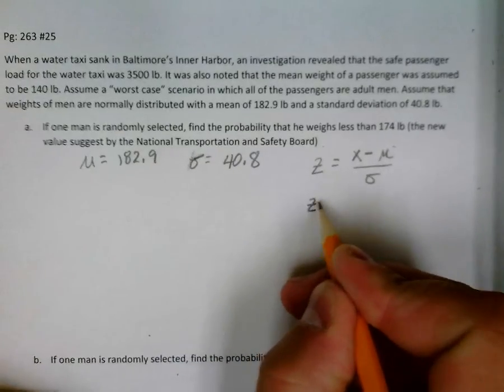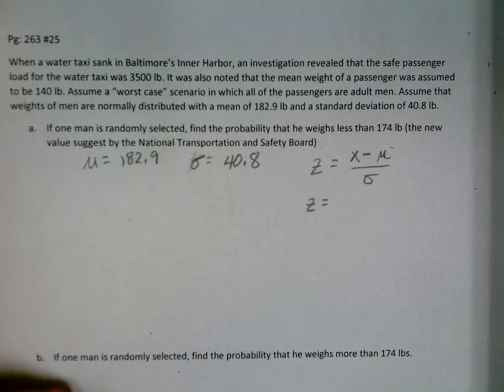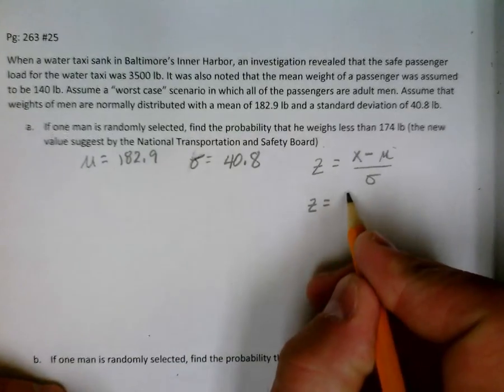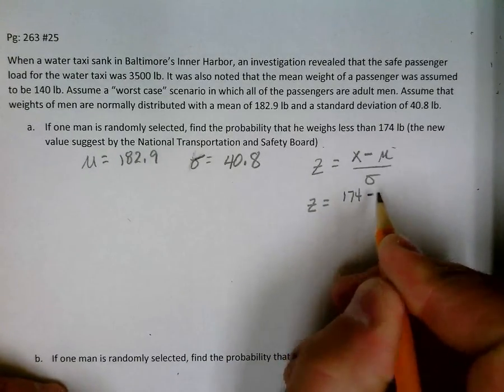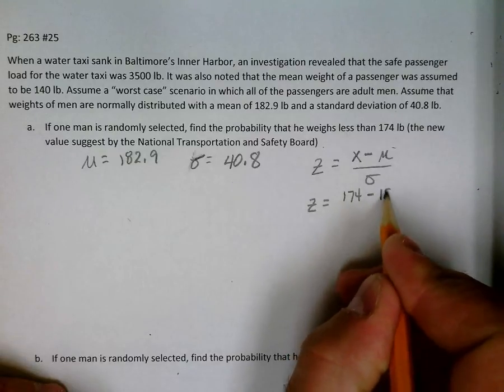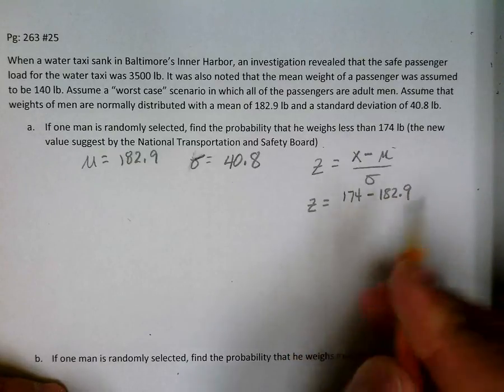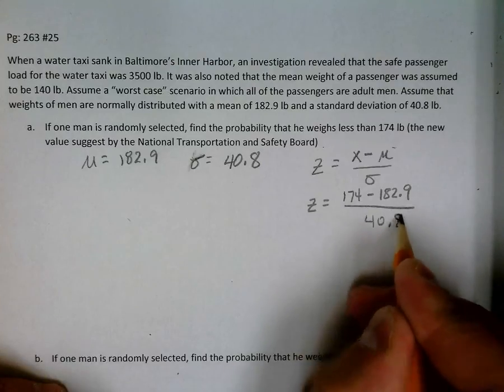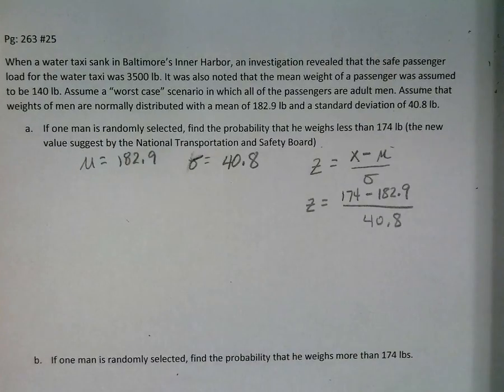So let's first find the z-score for 174 pounds. The z-score essentially describes how many standard deviations away from the mean we are. So 174 minus the mean of 182.9, over the standard deviation 40.8.